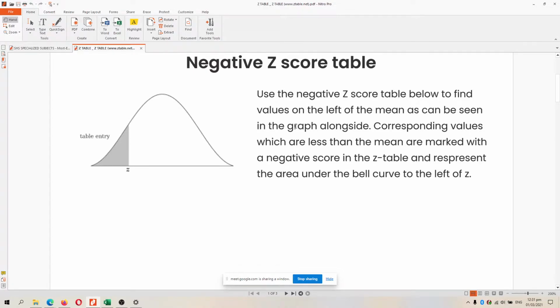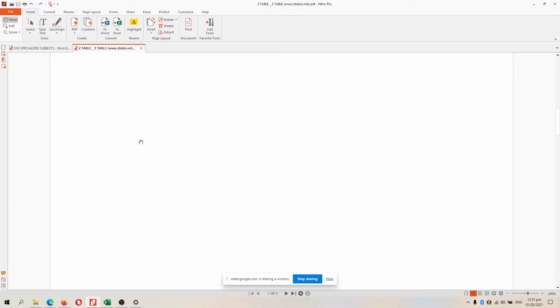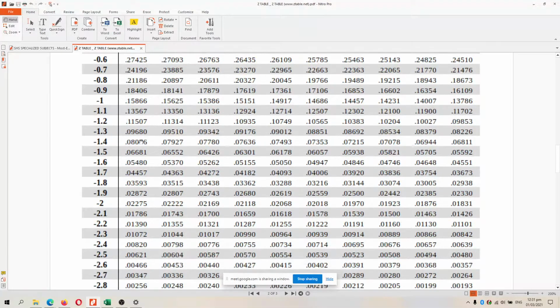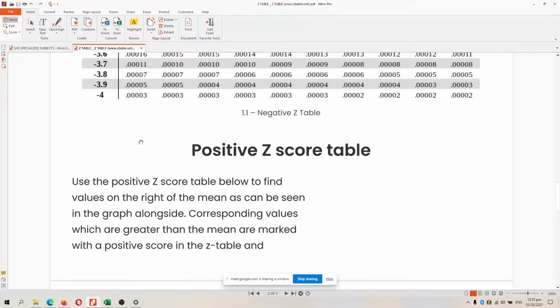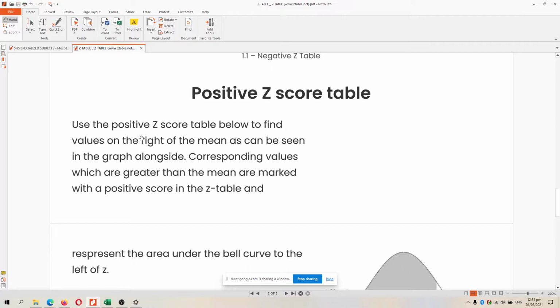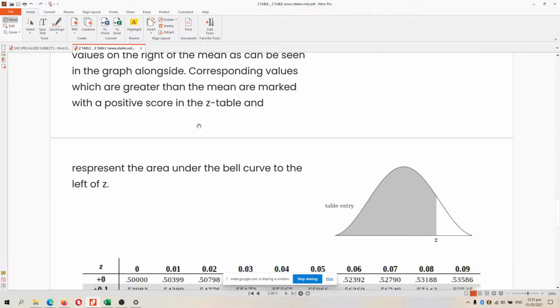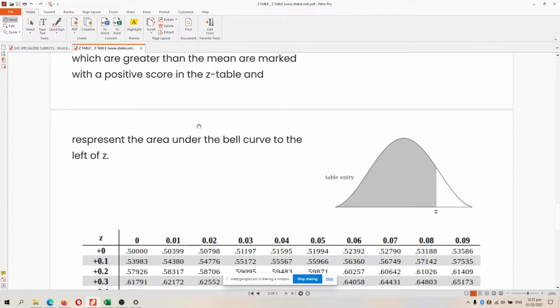Tinitingnan natin dito, we are looking at the values which are on the left side. Ito. The shaded one is our negative z-score table. So, what is a negative z-score table? Ito yon. Mamaya natin tingnan yung mga values. Then, we have positive z-score table. In a positive z-score table, so represent the area under the bell curve to the left of z.